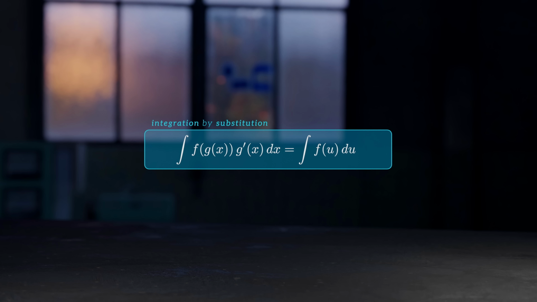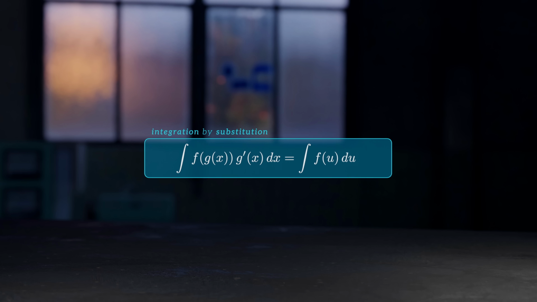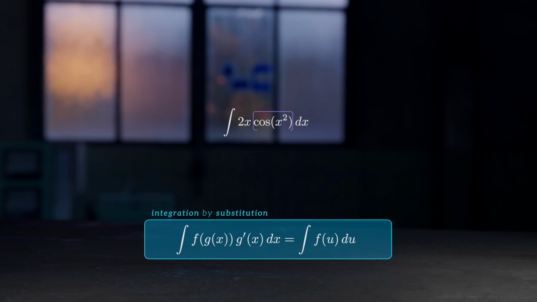Another important technique is integration by substitution. It's used when the integral can be written in a form that includes an outer function, an inner function, and the derivative of that inner function. A simplified form of the integral could be obtained by substituting the inner function for a new variable, u.